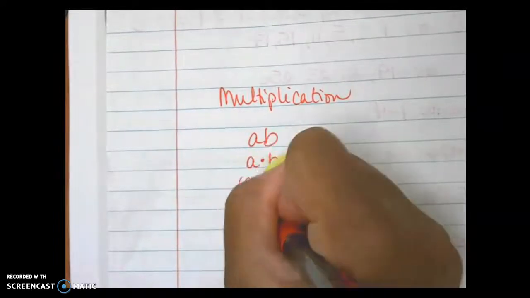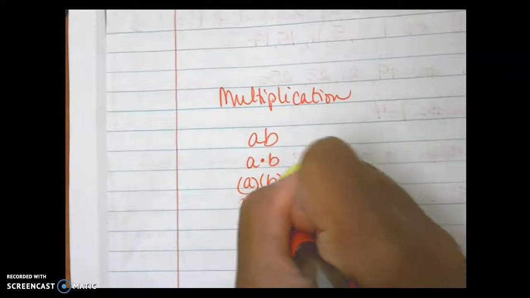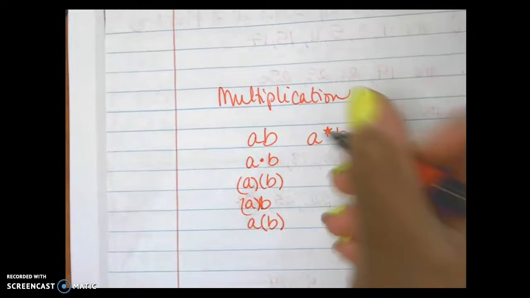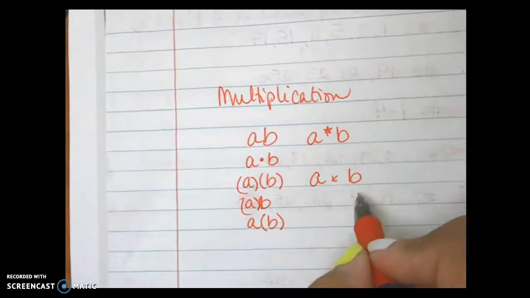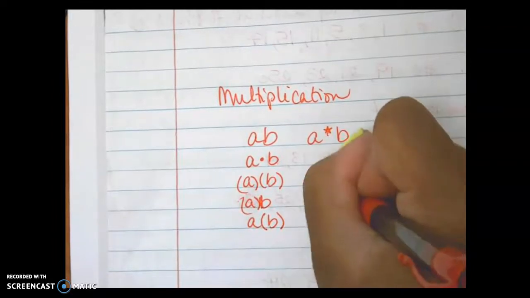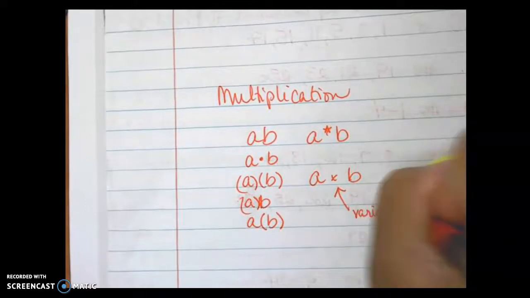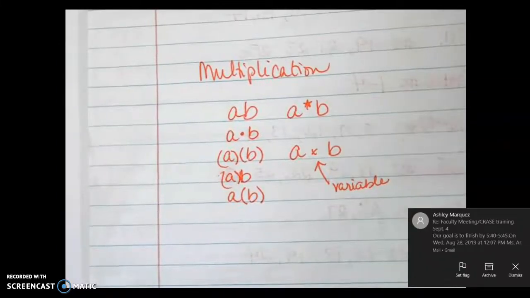It could be either or, or we can use an asterisk. But we want to try and stay away from the A x B because this x is going to eventually be a variable. That's what we're going to use and graduate to in 7th grade.